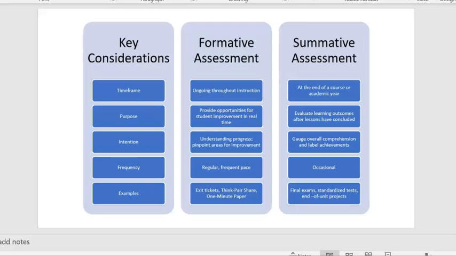The intention of a formative assessment is understanding progress and pinpointing areas for improvement, whereas the summative assessment is really gauging overall comprehension and labeling achievements. As far as frequency goes, formative assessments are happening regularly, frequent pace, and then summative assessments are just happening occasionally. And then some examples like we talked about, formative assessments would be exit tickets, a think, pair, share, a 1-minute paper, whereas summative assessments would be like a final exam, a standardized test, or an end of unit project.